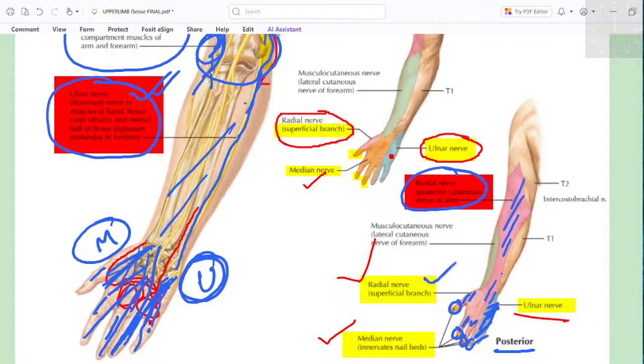So the arm, forearm, and the hand are mainly supplied by the radial nerve, except the tips of the thumb, index, and middle finger. Even the ring finger is very typical: its tip half is supplied by the median nerve, and the other half is supplied by the ulnar nerve.